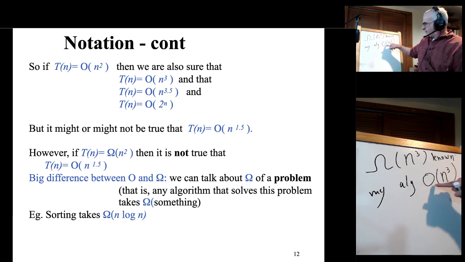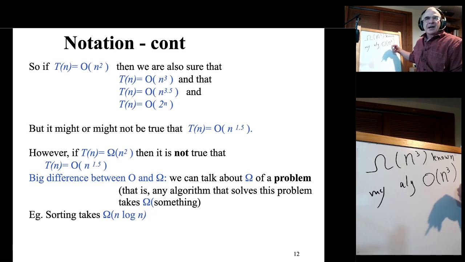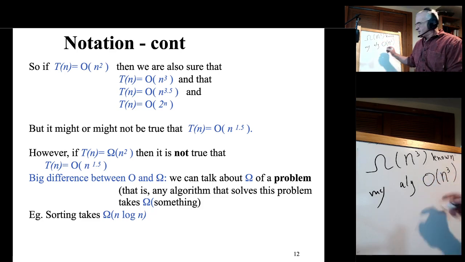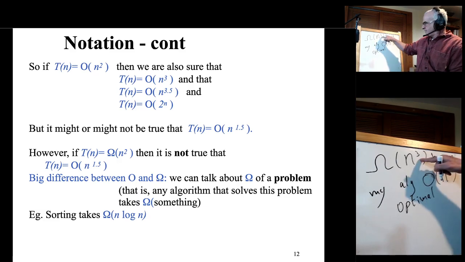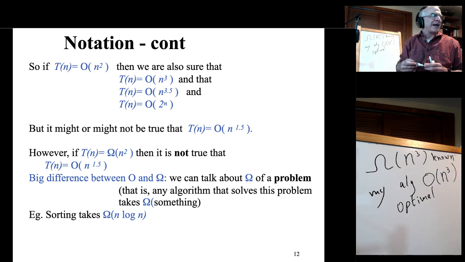That means you might still improve the constant. Maybe your job is still on the line as far as improving the constant, but as far as the high order bit, you now have a proof that your algorithm is optimal. If it's known that no algorithm runs better than n cube, and your code already runs in n cube, then of course you cannot get any algorithm that runs faster than this.